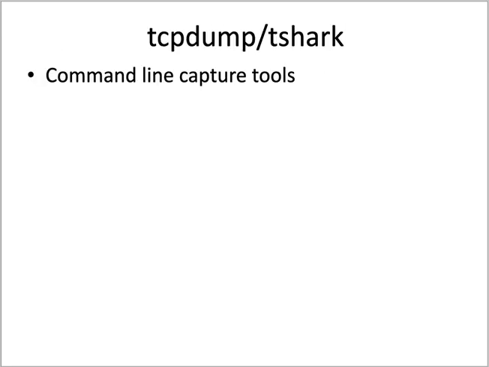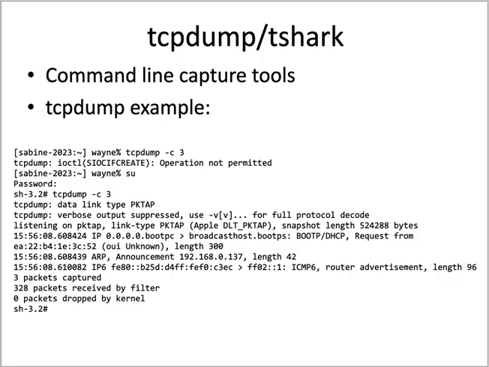TCP dump and tshark, as I just mentioned, are command line capture tools. An example of TCP dump is this. We run the TCP dump command, and then I want to capture, the -c is really for count. I want to capture 3 packets. Now notice the first time I issued the command, I was on my Wayne account, which is a user account, and it told me that I couldn't get access to the network stack and/or ports to do that.